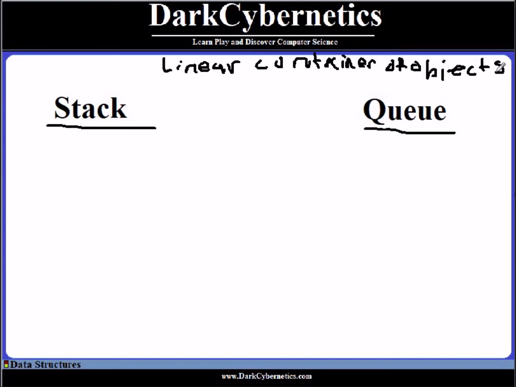Also in this video we will discuss the idea of being linear and some of the more basic ideas such as what we refer to as first in first out, or FIFO, and LIFO, last in first out. So these two data structures, these are abstract data structures, and for the stack we do last in first out.